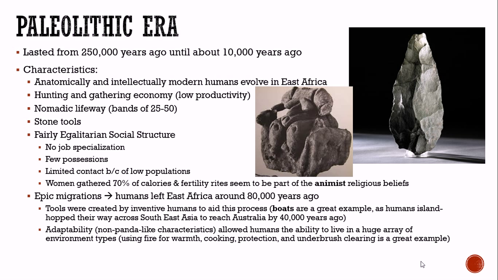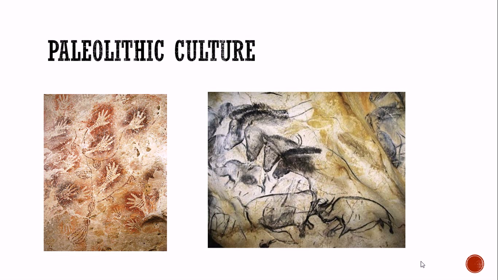We've got another slide, I think it's next, yeah, that shows some of the artwork that was created in caves by these Paleolithic peoples, maybe somewhere around 20 to 25,000 years ago. You can see the handprints, and then of course that really huge focus on animals and game.